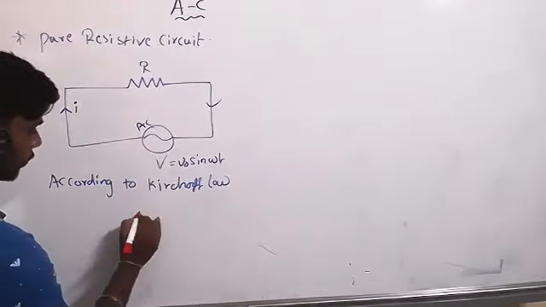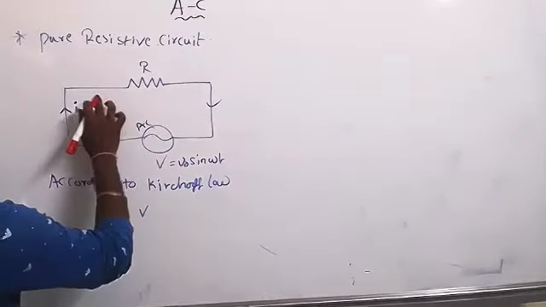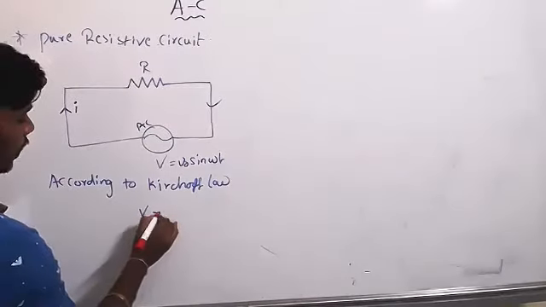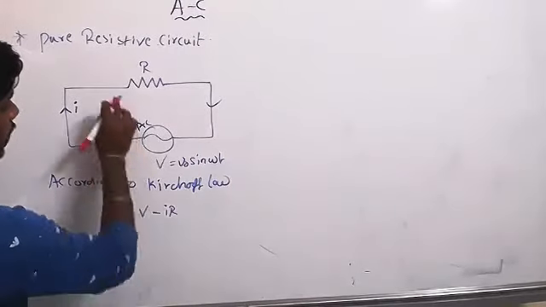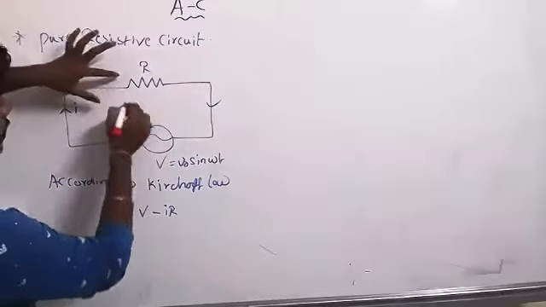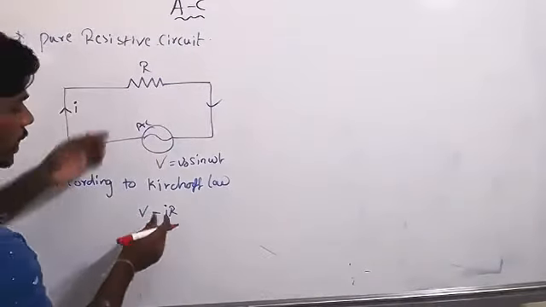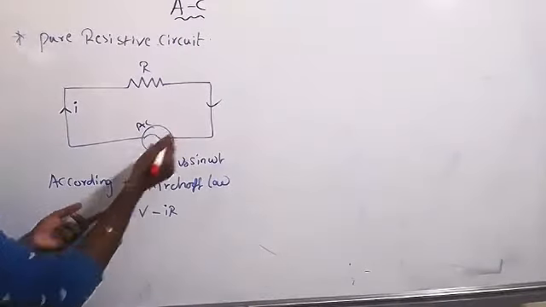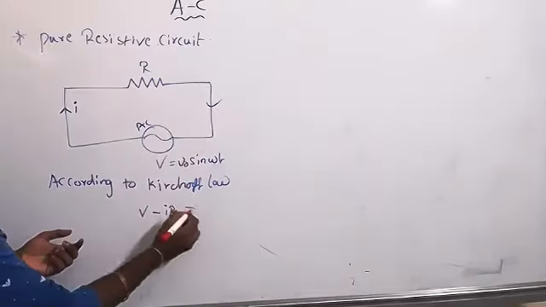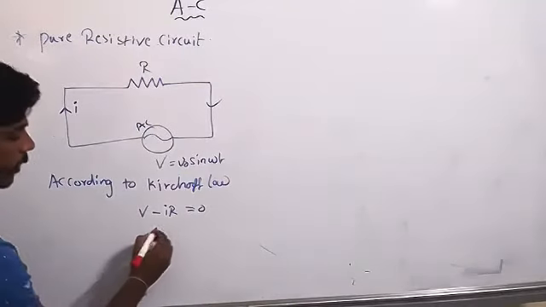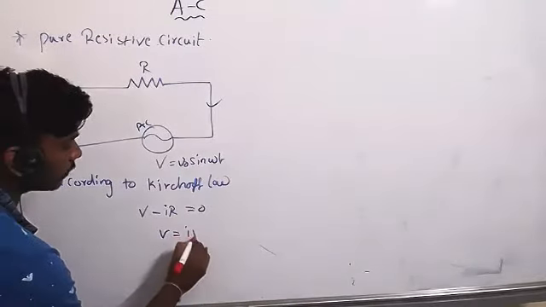It is V minus IR. Current is passing in that direction and you are also going in that direction, so IR will be negative, equal to 0. From here, V is equal to IR.